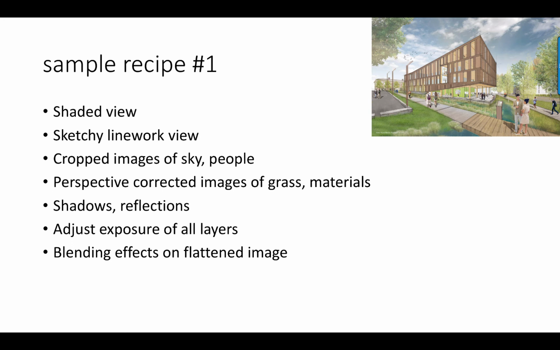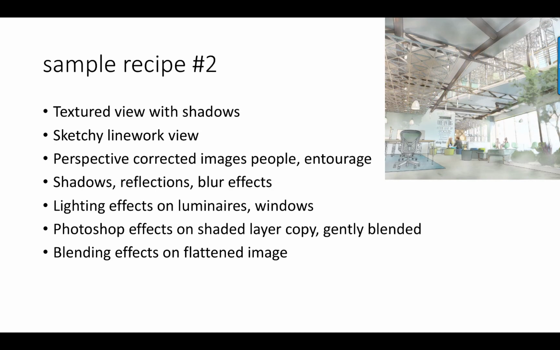Often people will apply an effect on a flattened version of the image. Sometimes just noise. A filter called noise will just soften everything, but you can go more aggressive, but that's a good one.